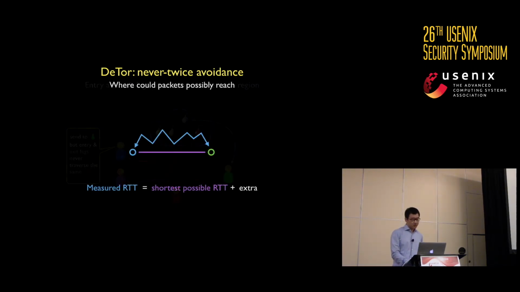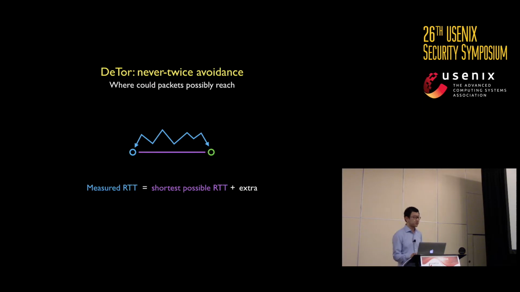So let's consider where the packet could possibly reach over each leg. Let's assume this end-to-end communication. To measure round-trip time over this communication, we can split it into two parts: the shortest possible round-trip time, and the extra term.